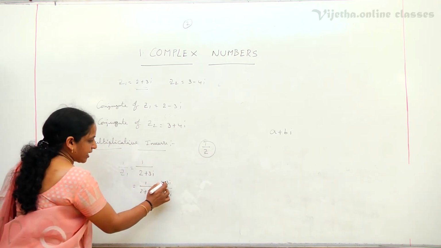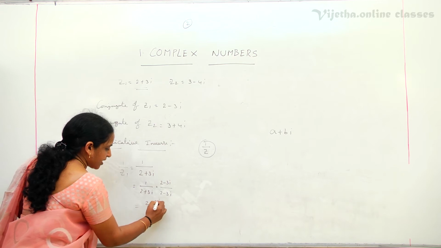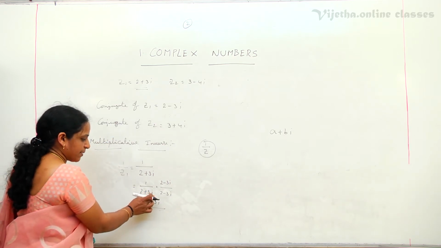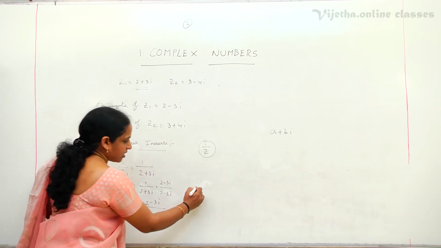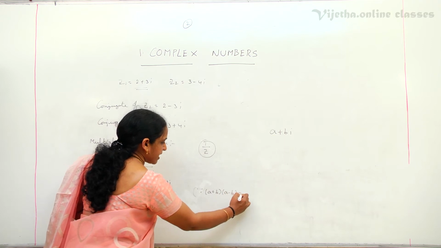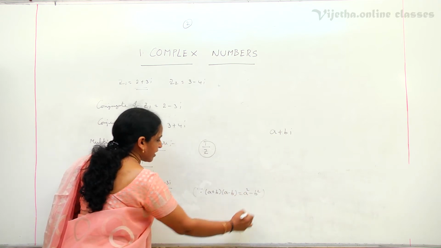So 1 into 2 minus 3i, over 2 plus 3i into 2 minus 3i. Next, it is in the form of a plus b into a minus b. We know that a plus b into a minus b equals a square minus b square.